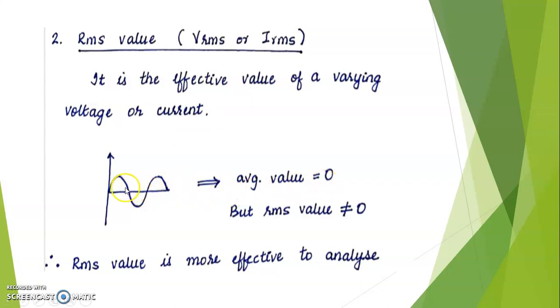This is because it has both a positive as well as a negative half cycle. They will cancel out and hence the average or DC value would be equal to 0. But if we find the RMS value, that will not be equal to 0. So, finding the RMS value of any AC waveform is more effective to analyze.